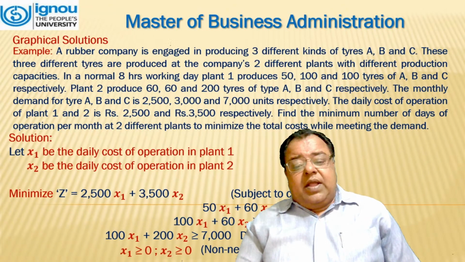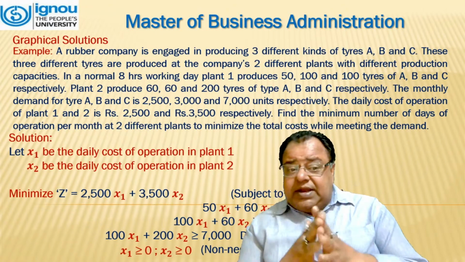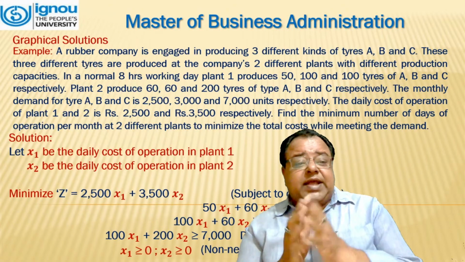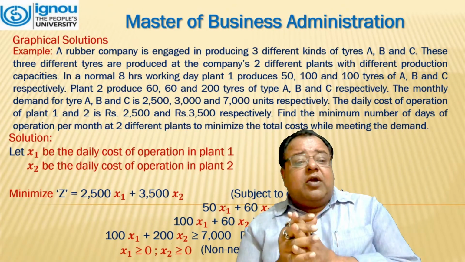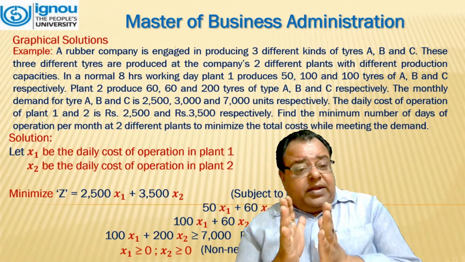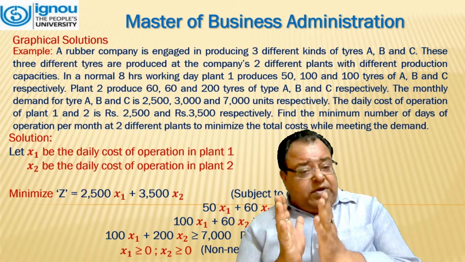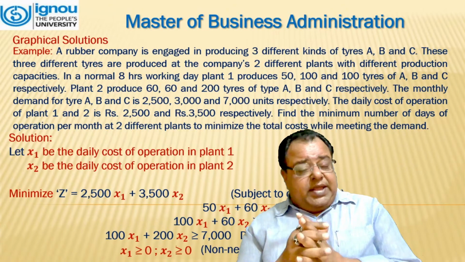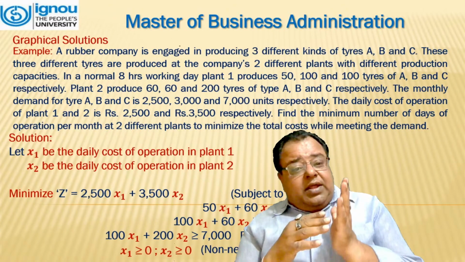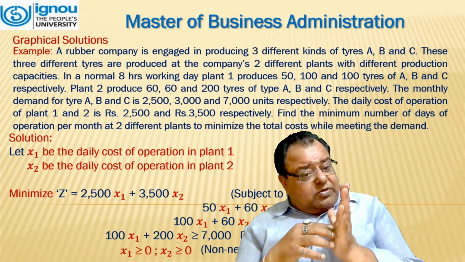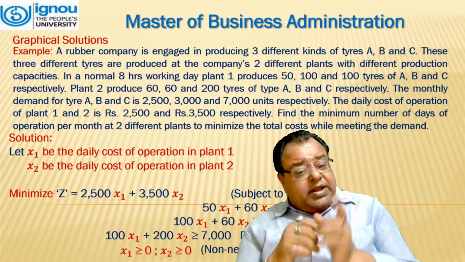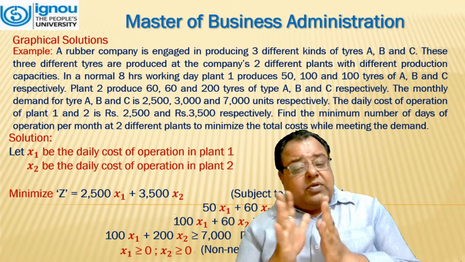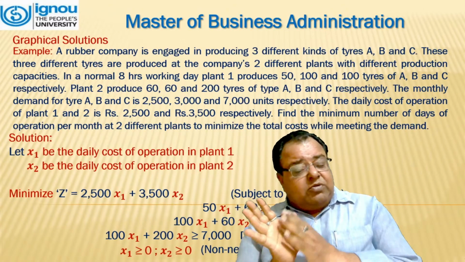Now, one piece of information is left to be transformed. That is the capacity or the demand of tire A, B, and C, which is 2,500, 3,000, and 7,000. How to place it in the inequations? Type A is 2,500, so in the first equation, that is 50x1 plus 60x2, on the right side it will be 2,500.